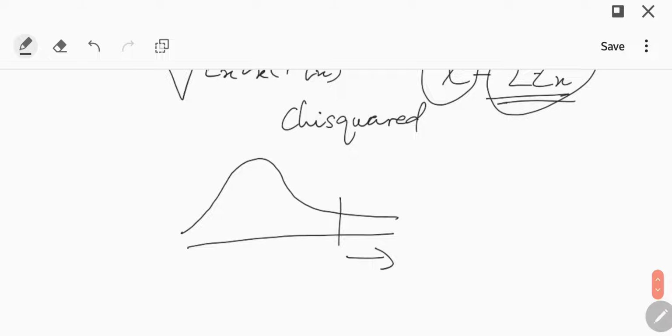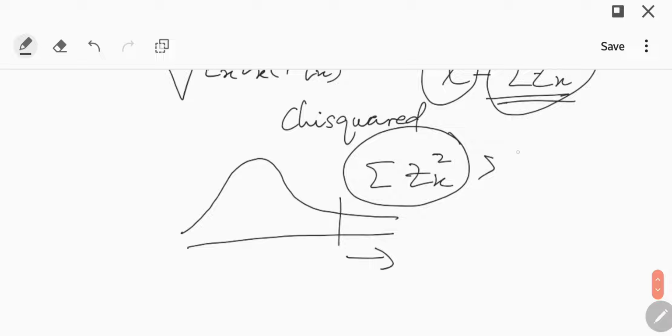But in this model, using the chi-square, finding out the individual z_x, then squaring and adding, I'm checking if this total is greater than the critical value.